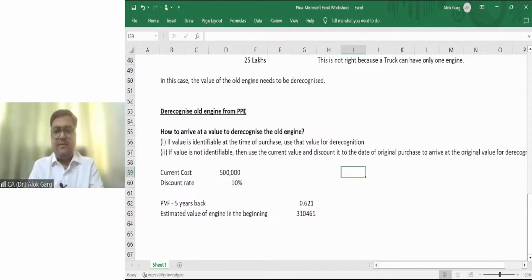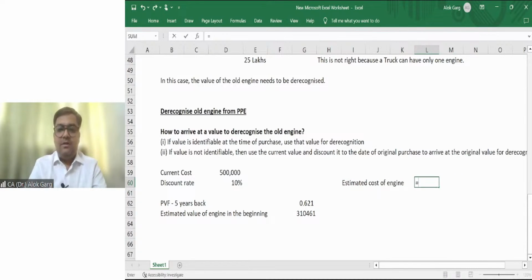This is my truck. The total cost of the truck at the time of purchase was 20 lakh, right? Now I have two components. I got the estimated cost of the engine. The estimated cost of the engine is how much? 3,10,461.